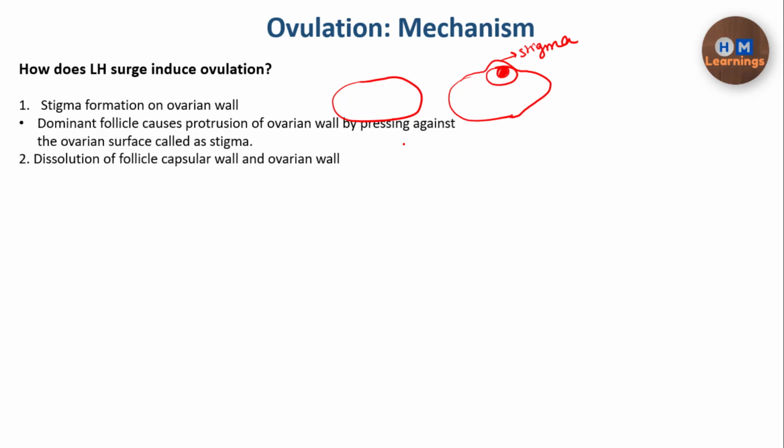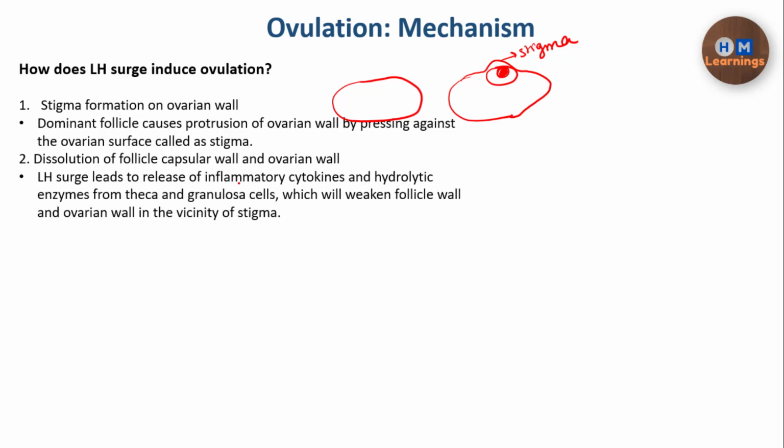Then what happens? If you see in the previous slide, we have seen a diagram in which I told you that it's not exocytosis, it's a kind of rupture of the ovarian wall as well as rupture of the follicle. So it's a kind of breakage of the wall. How does that happen?